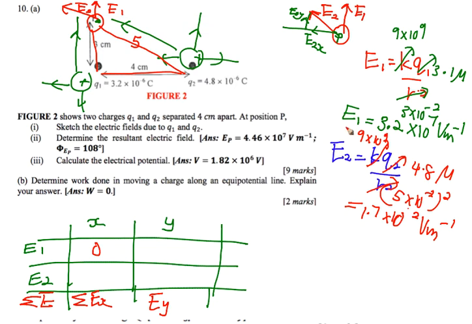So E1 here is 3.2 times 10 exponent 7, and E2 is equal to 1.7 times 10 exponent 2.